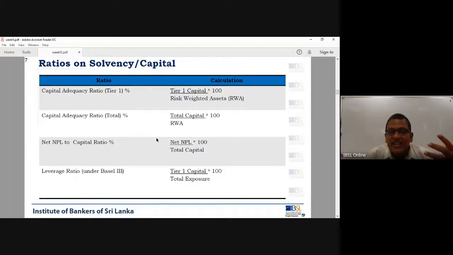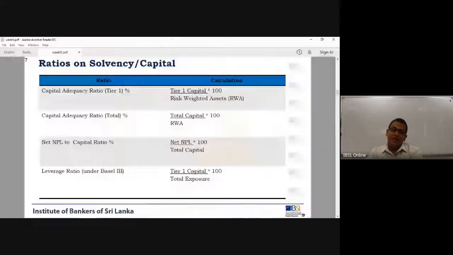Or if you really need more explanation on how they are calculating it, why they are calculating it, and what is the rationale behind calculating the capital adequacy ratio, please let me know through the inbox. Then I can expand the explanation. Otherwise, if you have already heard about the capital adequacy ratio, I need not waste my time explaining it again.